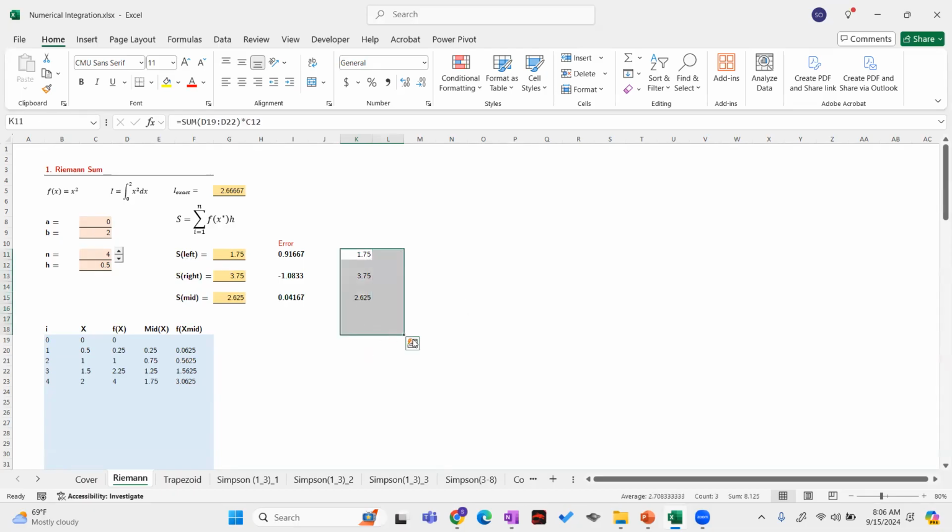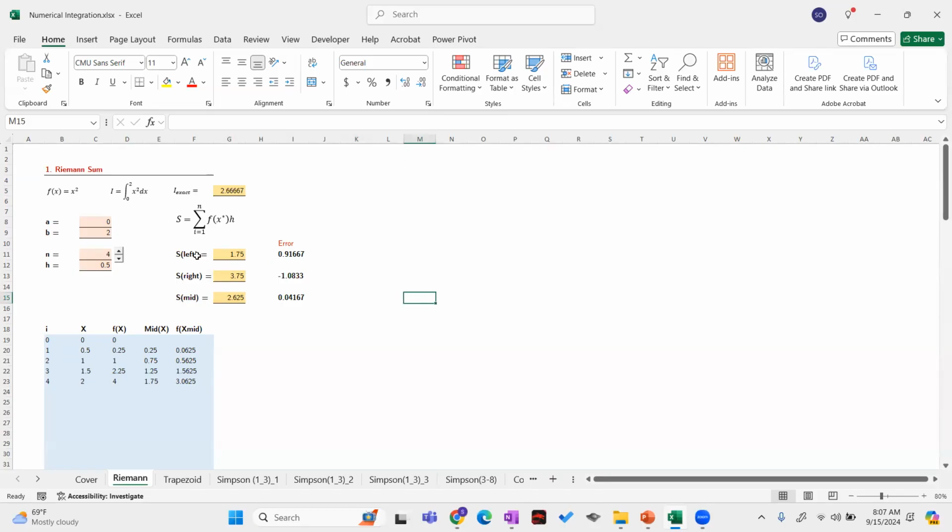All right, let me delete these. Now you trust these answers. The error is defined as actual value minus the approximate value. So the difference is the error. Now we saw x square is an increasing function, right?